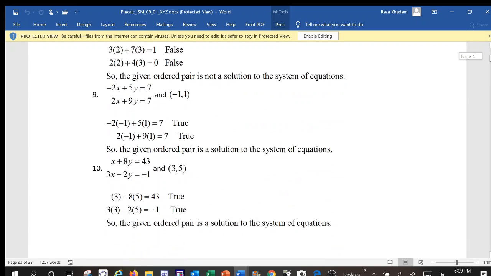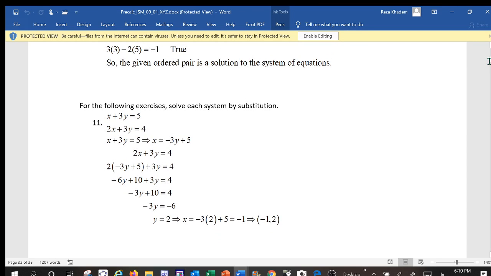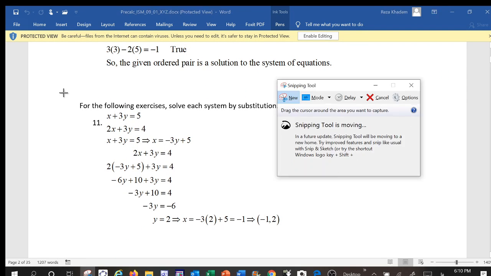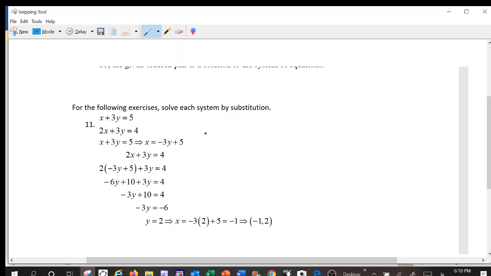Let's do another one. It says, solve the systems using substitution. Well, we talked about that, so let's do one of these. So here's a system. What do we do? Well, first of all, we could call the first one number 1 and the second one number 2. It's easy to solve for x in the first one.